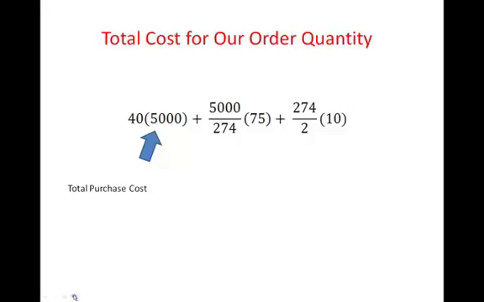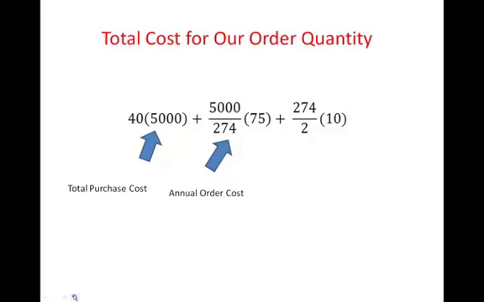The second cost we need to include is our annual ordering or setup cost. We'll take our annual demand and divide by our order size of 274 units. That will tell us how many orders we're going to place over the year. Then we multiply that number of orders by $75, and that tells us how much we will spend ordering the inventory item.